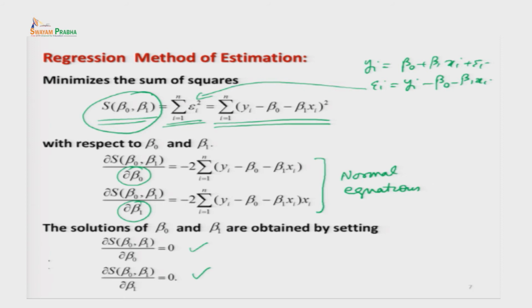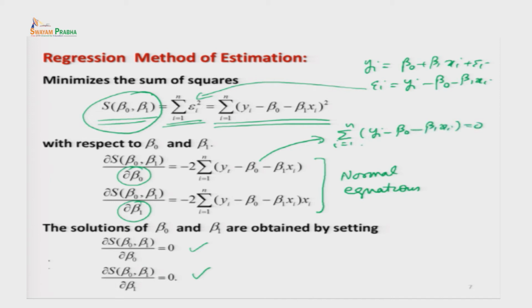For example, I can show you from here that if you try to solve this equation, substitute here, this will become summation i goes from 1 to n of yi minus beta 0 minus beta 1 xi equal to 0.